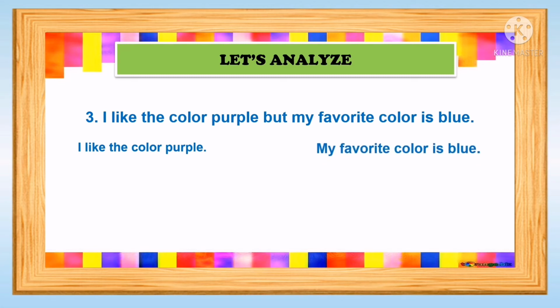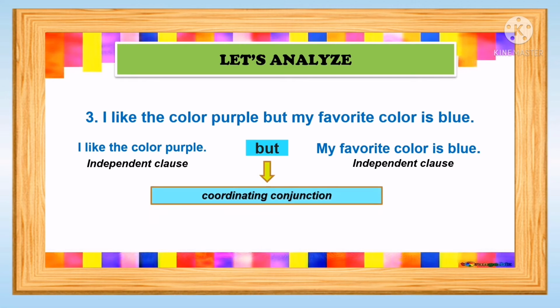And the second independent clause is my favorite color is blue. And the coordinating conjunction or the connector being used is but. Okay, do you understand now? Well done, kids. Let's pull up the next slide.